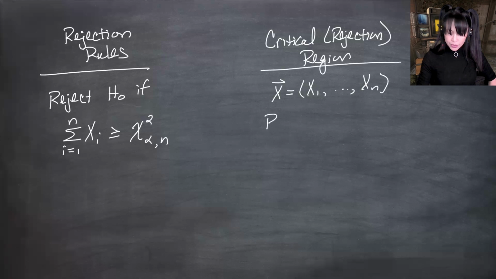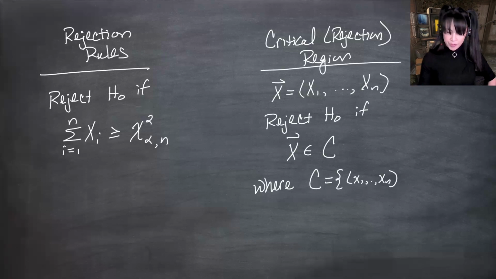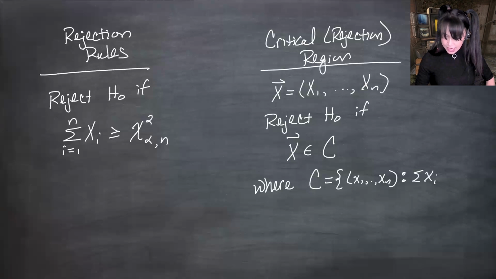And the rule is going to now be to reject the null hypothesis if the vector X is in a region C for critical region, where C is defined to be all of the n-dimensional points, little x1 through little xn, whatever, these are dummy variables, such that the sum of the xi is greater than or equal to chi-squared alpha comma n.